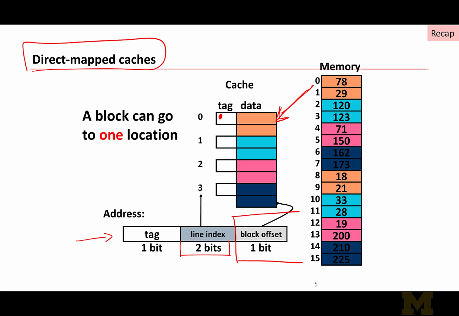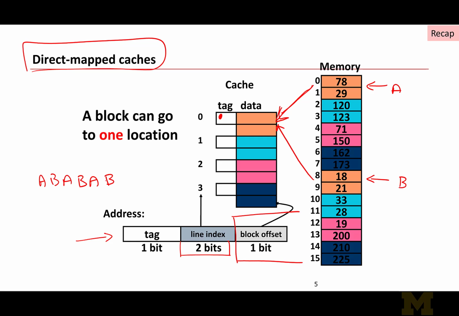And now the problem is this can lead to poor cache miss rate, because imagine, for example, that the program happens to access just 2 cache blocks, the ones that I am marking on the slide here. Unfortunately, they both happen to map to the same cache line. And so they would repeatedly thrash each other and evict each other out of the cache. And so you have a pattern, let's say like AB, AB, AB, where A refers to this cache block over here and B refers to this cache block over here.